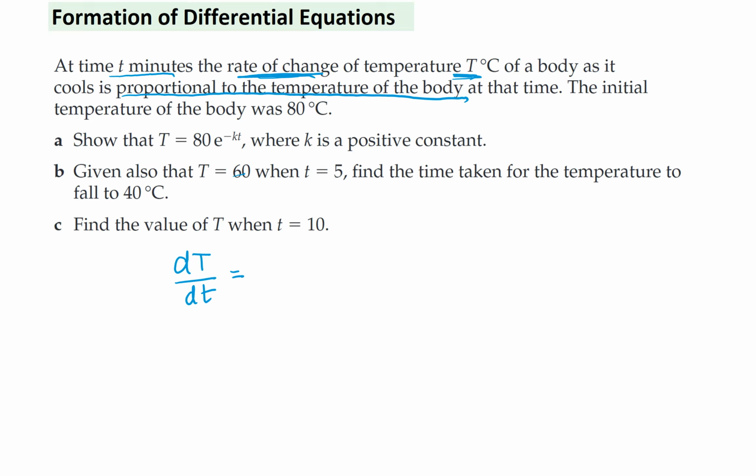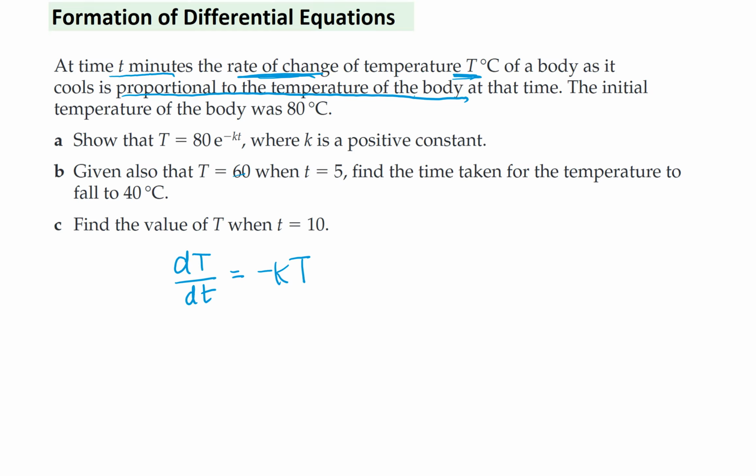So that means there would be a constant, and the constant would be negative. So I would put in negative k times T, because it's proportional here. So that's the start.